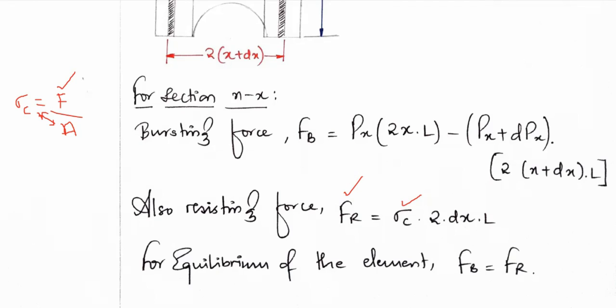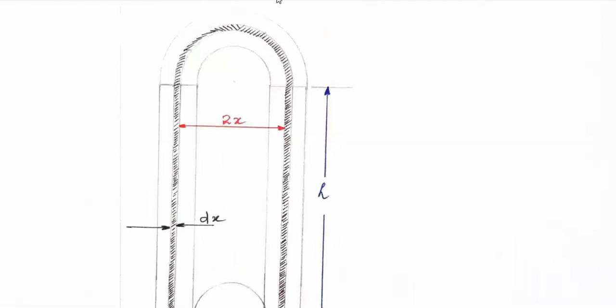So if you check out the area on which circumferential stress is generated, let me show you people. Let me draw it for you so that things will be clear. I'm drawing the cut section.